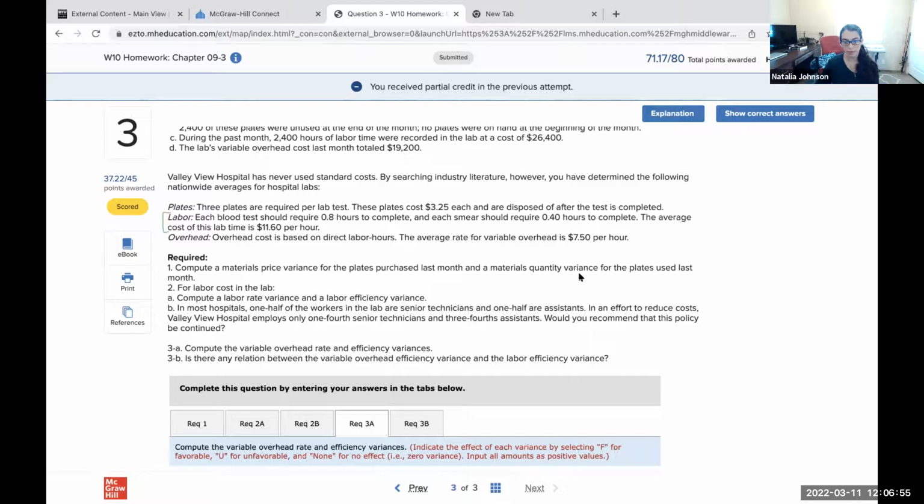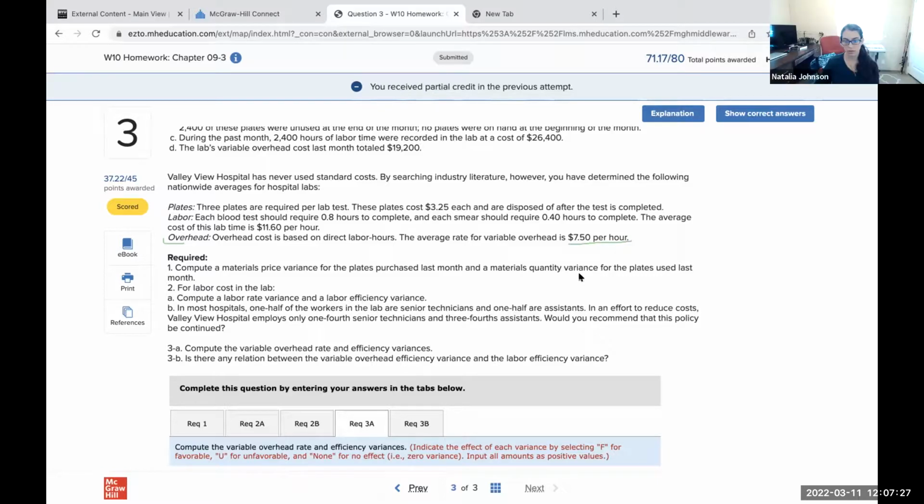But the 0.8 hours, that's what we're going to need. 0.8 hours and 0.40 hours, because it's two products, so we will need both of them. For variable overhead, we will need everything. The average rate for variable overhead is 750 per hour. So that is the standard rate, 750 per hour.